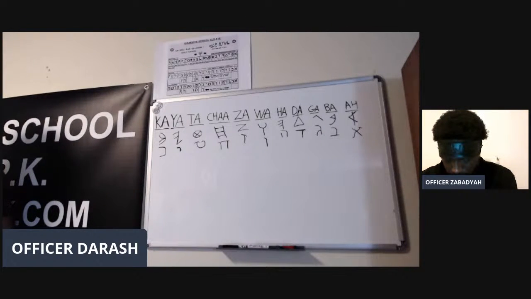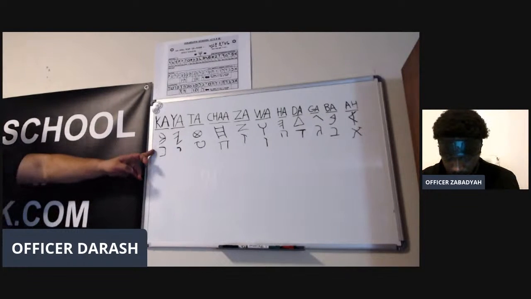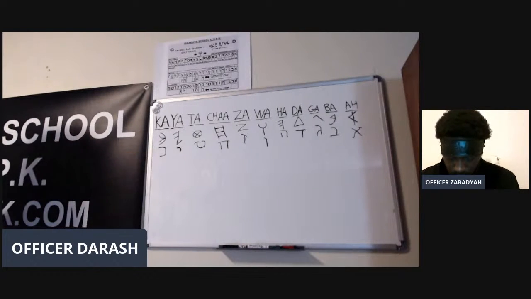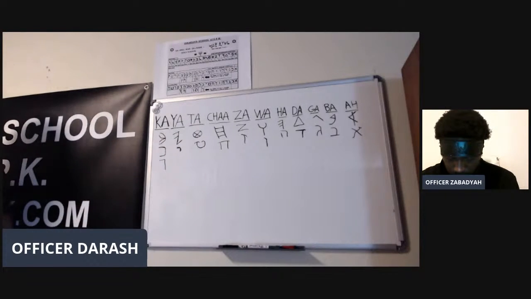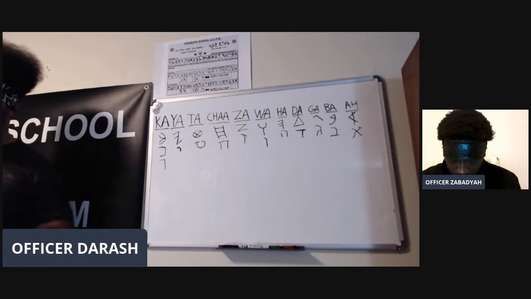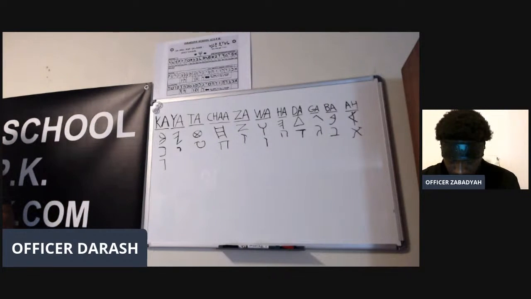If you're using the letter Ka at the end of a word, you would do this one. Okay? You would do that right there. There are five Assyrian letters in total like this, where if you were to use them at the end, you would draw them differently, which we're of course going to get a hang of.